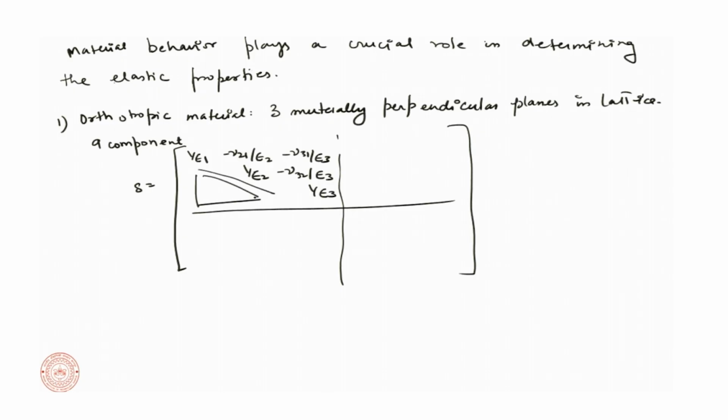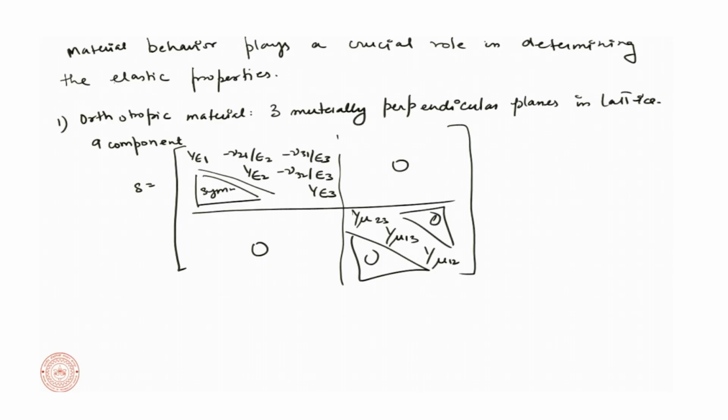This lower half will be symmetric. Then we will have zeros in these 2 quadrants, and we will have 1 by mu 23, 1 by mu 13, 1 by mu 12, and again these 2 will be equal to 0. Okay, so this is our S_ijkl.